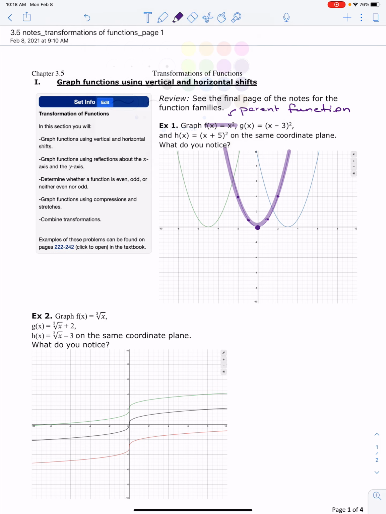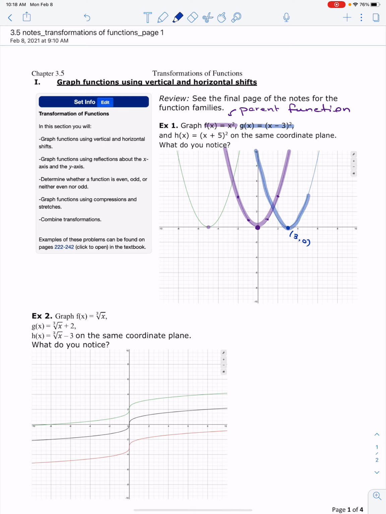And so take a look at the values here. So right here I have a vertex that has moved to 3, 0. And over here I have a vertex that has moved to negative 5, 0. Matching up with the equation, here's our g of x, x minus 3 quantity squared.